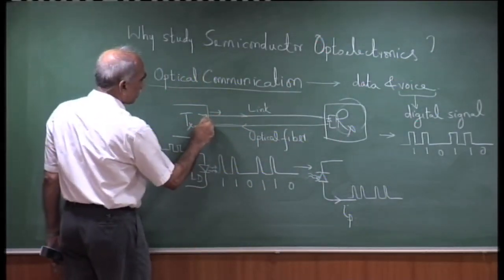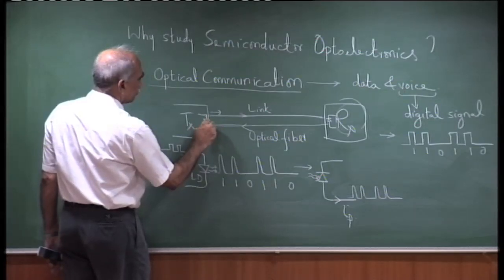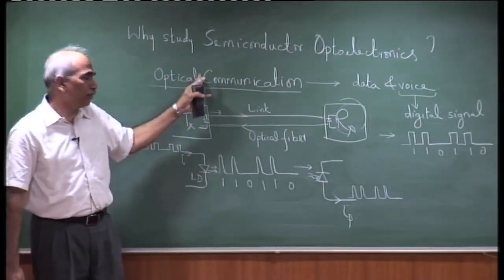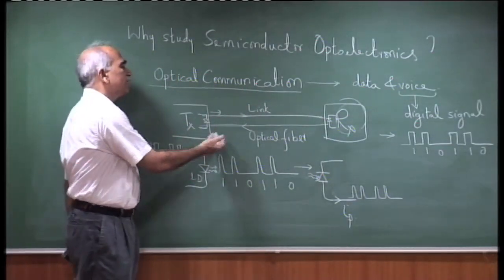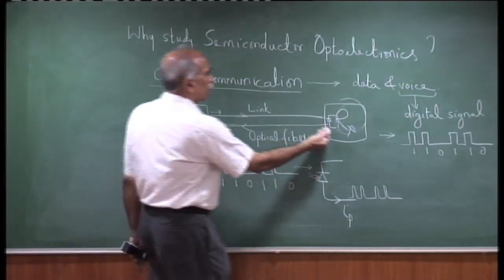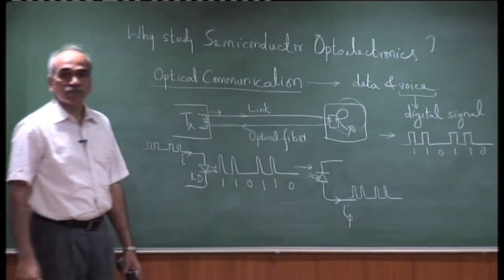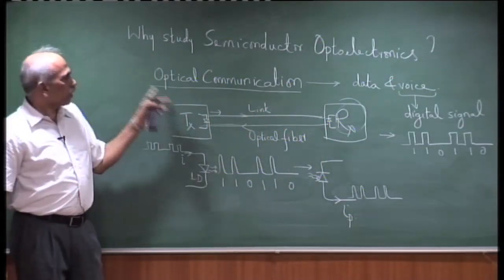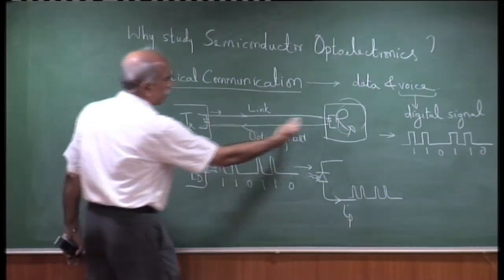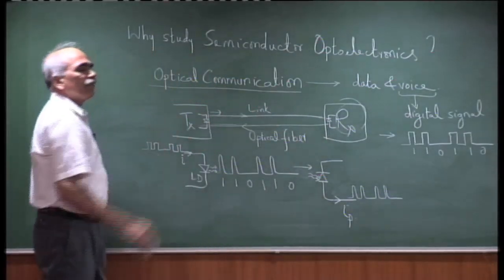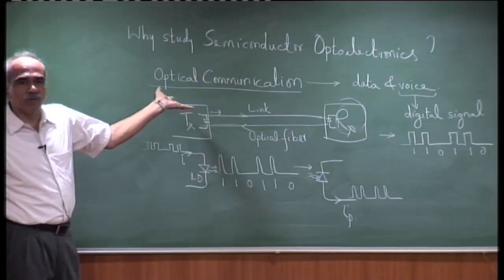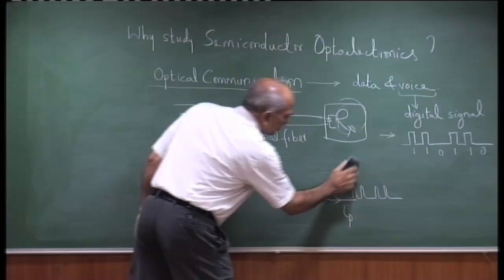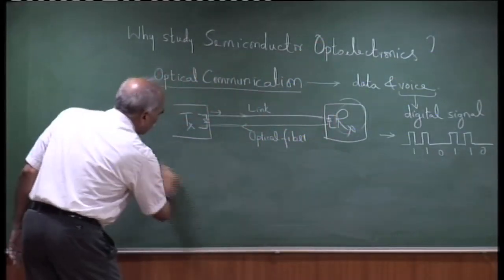So in a simple optical communication system, a laser diode is the transmitter and a photodetector is the receiver, which are semiconductor optoelectronic devices. Actually, on the link there are also optical amplifiers, which involve photodetectors and laser diodes too. But this is from a communication perspective.